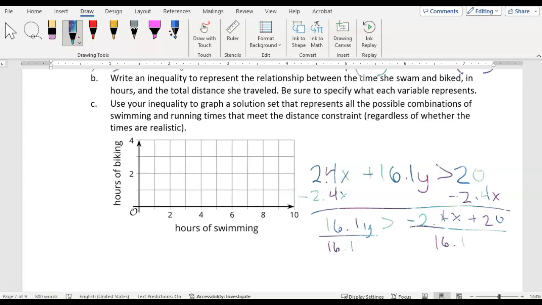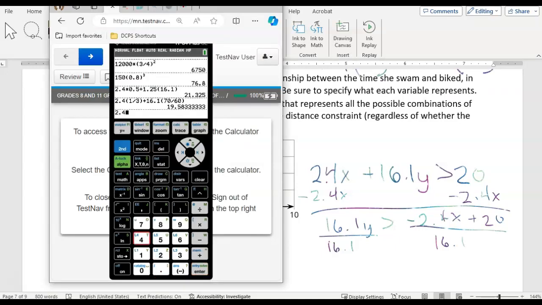And so we will have y is greater than negative 2.4 divided by 16.1, which is negative 0.14.